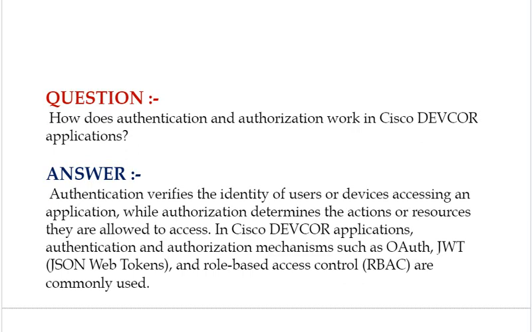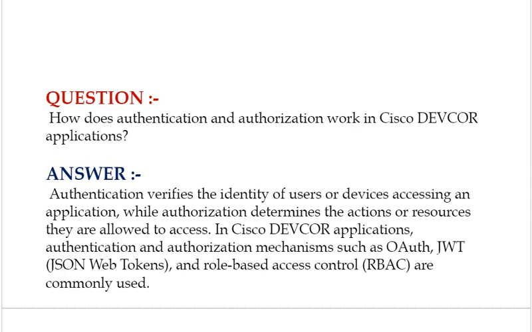Our next interview question is: how does authentication and authorization work in Cisco DevCore applications? Your answer should be: authentication verifies the identity of users or devices accessing an application, while authorization determines the actions or resources they are allowed to access.